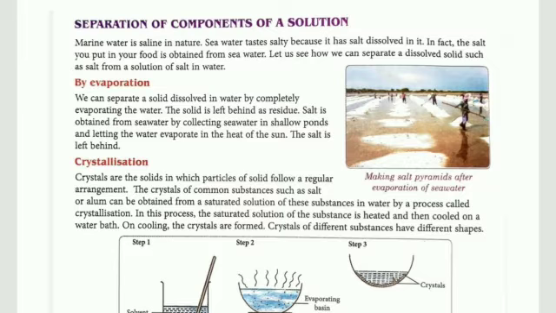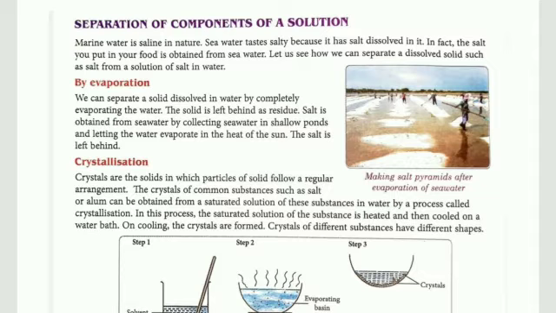When it is cooled, the temperature gets down, so it removes the solutes in the form of crystals.